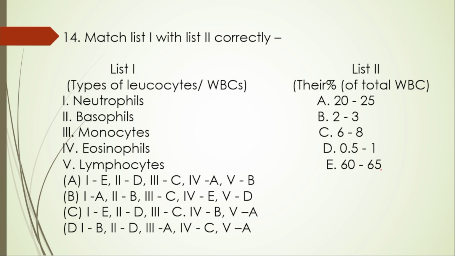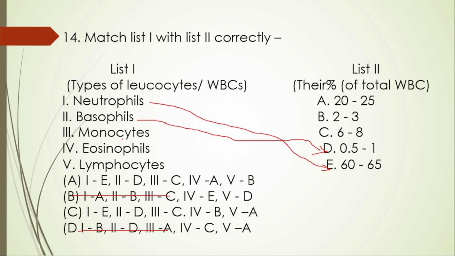That is 60 to 65%. So 1 is E. This is the removal method, we can say. Basophils have 0.5 to 1%. So second one is D.